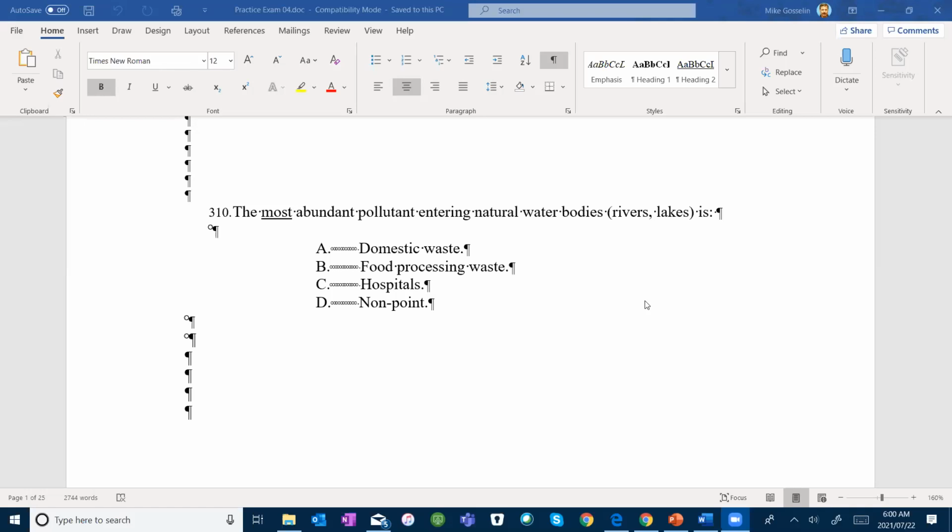In this question, it's what's the most abundant pollutant entering natural bodies? Domestic, food processing, hospitals, hopefully they're going to your treatment facility first, and it says non-point entering rivers and lakes, so that would be rainfall, snowmelt, any kind of runoff going directly to a lake or river.